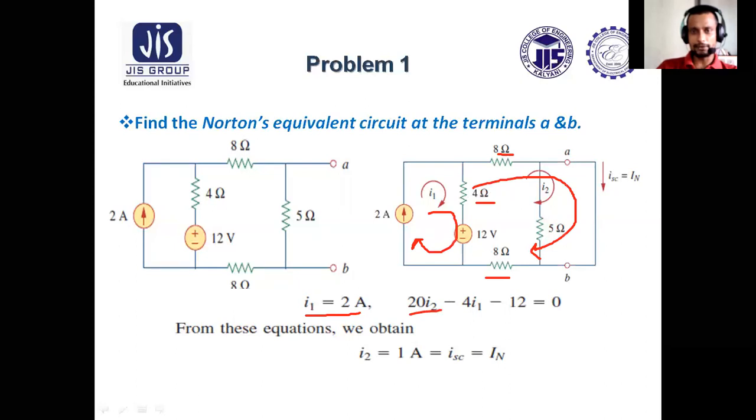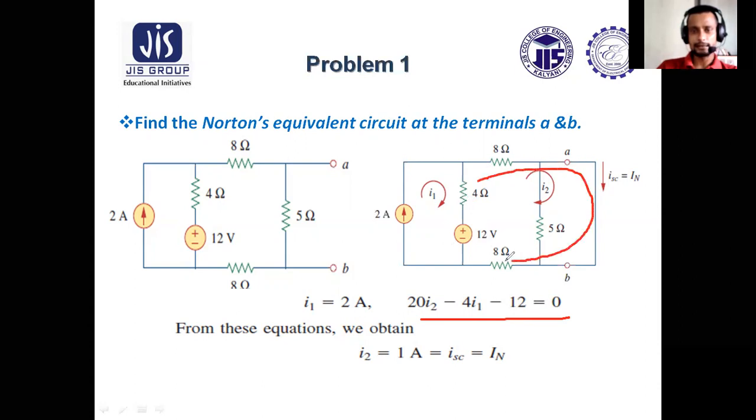And for this branch it will be 4 into (I2 minus I1). So minus 4 I1 will be here and minus 12. So this should be equal to 0. So this equation we have obtained by applying KVL in this loop.